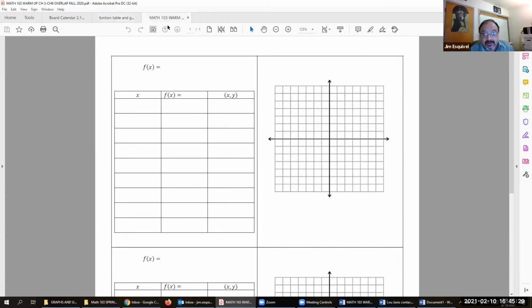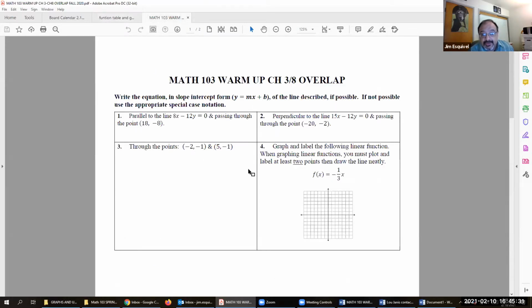We're going to start with this warm-up, because this warm-up is an overlap between chapter 3 and chapter 8. I'm going to use this as part of our lecture today, because we're going to be dealing with writing the equations of lines and graphing linear equations in 8.1.